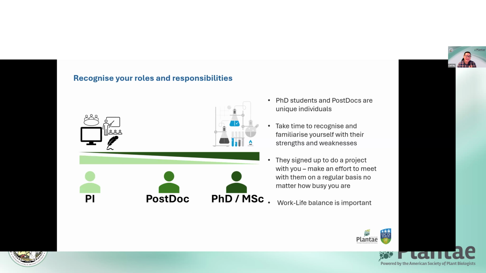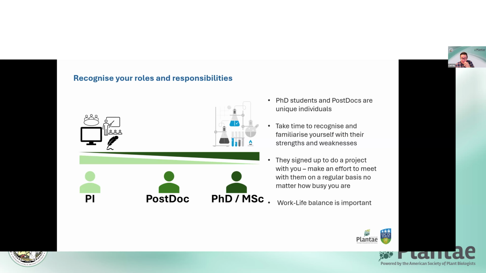Okay, so I think it's also important now that you have a team in place to really recognize your roles and responsibilities. My approach is that PhD students and postdocs are unique individuals. Not two persons are the same.